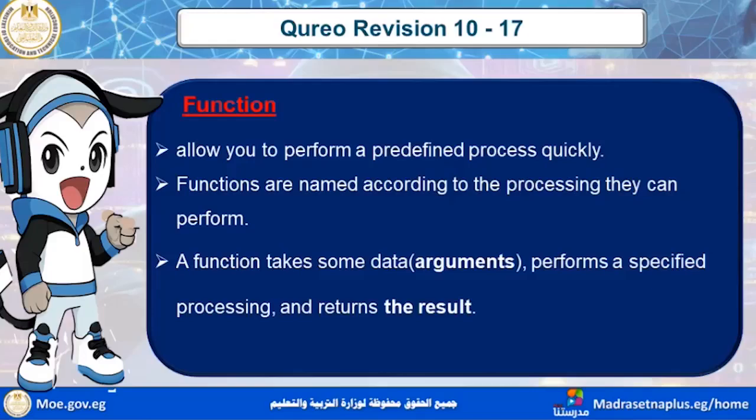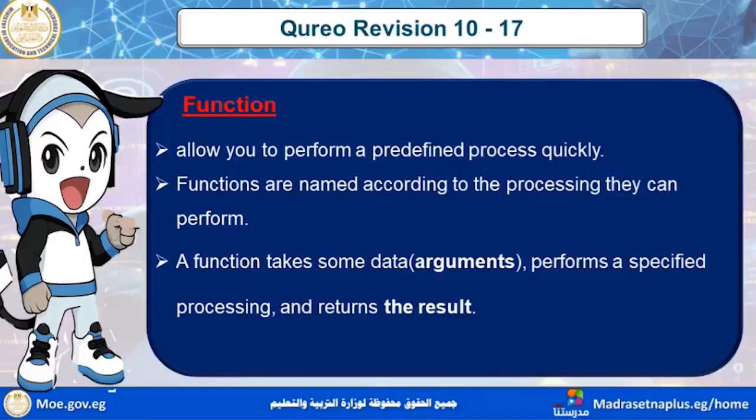That means we have to write the function once and then we can call it many times. This means we have a predefined process. Functions are named according to the processing they can perform, which means we should check what the program should do, then name the function according to the processes required.